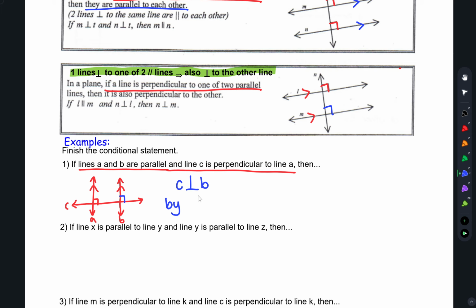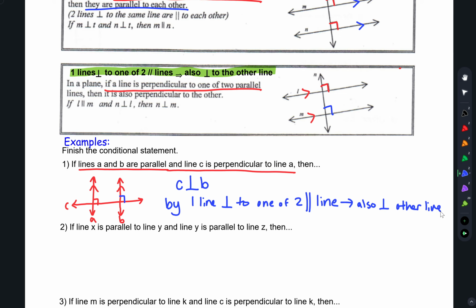It says, if one line is perpendicular to one of 2 parallel lines, it implies it is also perpendicular to the other line. And literally that is the entire proof reason that we have to write here.